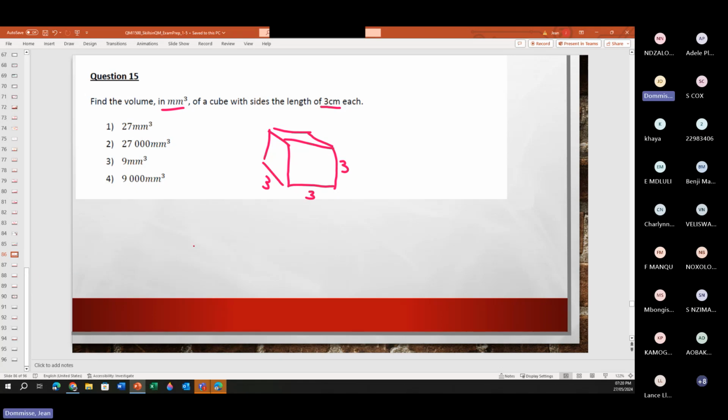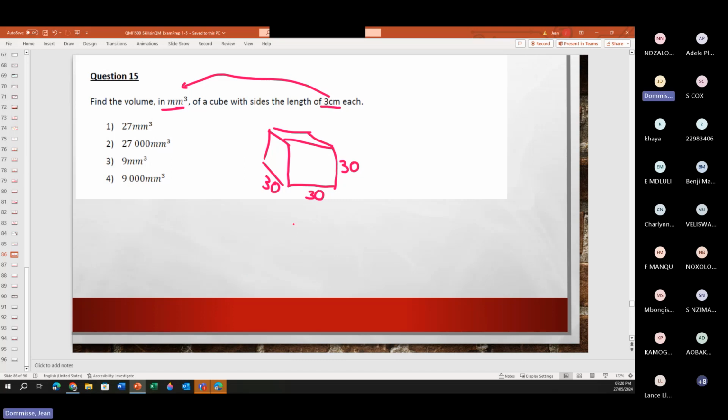So first need to convert from centimeter to millimeter, and please do it before and not afterwards, because then it really becomes difficult. So 3 centimeters is 30 millimeters.